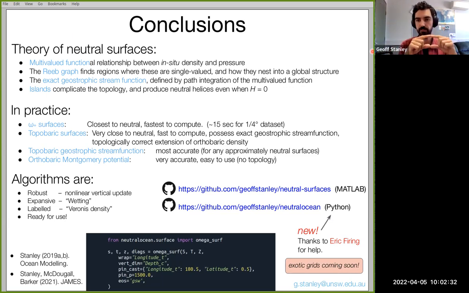I kind of brushed over this, but what you do is a walk through the Reeb graph. You start off in one region and integrate the pi hat function to get to the boundary of that region, and then you hit a saddle point. Then you have a couple of other regions you could go into, and you integrate pi hat again in both of those regions. So you get rho hat in those regions, and you just keep going through the whole ocean like this.